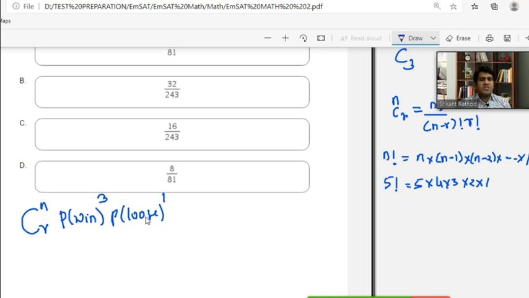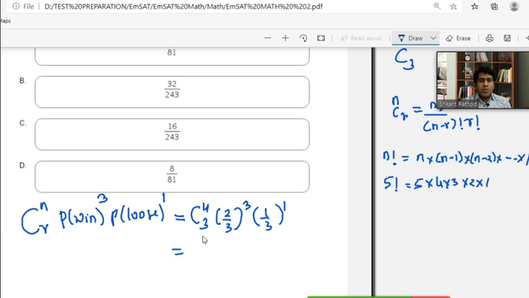How many matches is he losing? This many. How many matches is he winning? 3. So overall I have to represent this as per the information they have given. A combination of, we are playing 4 matches, out of 4, 3 has to win, and the probability of winning is 2/3 to its power 3, and the probability of losing that match is 1/3 to its power 1, or we can also write it as 4 minus 3.